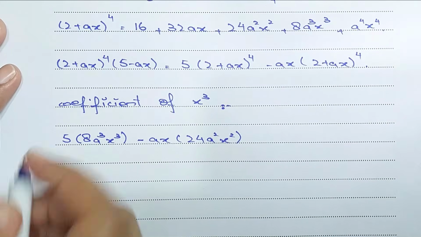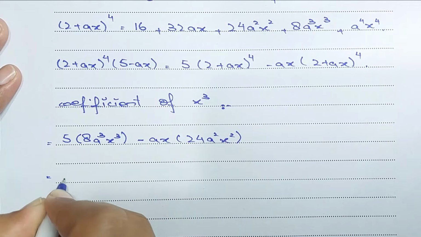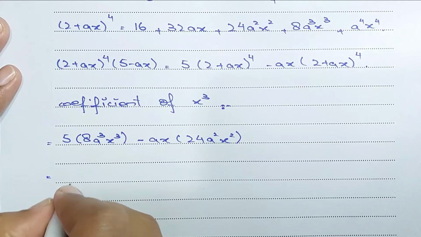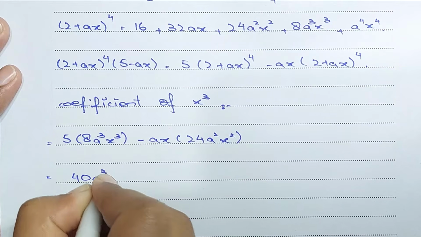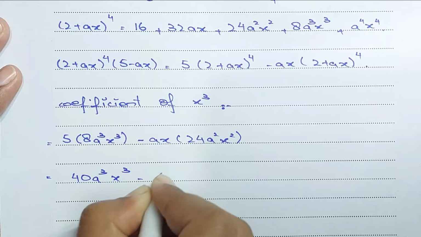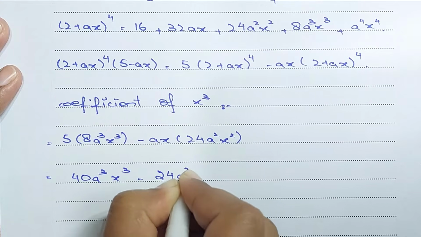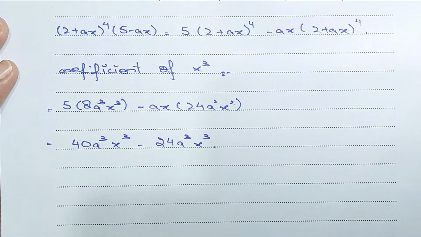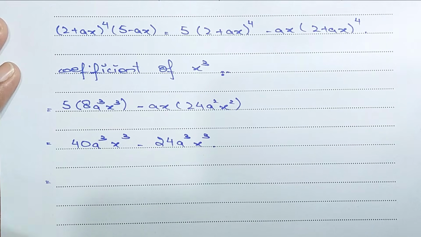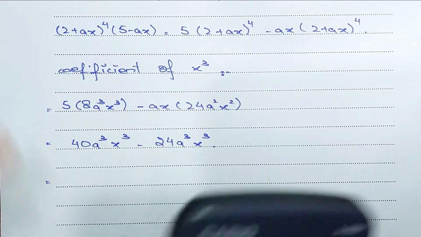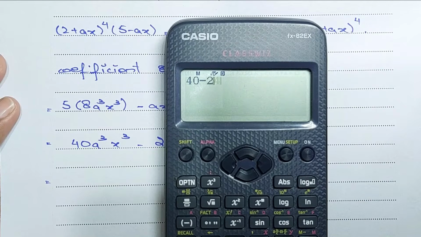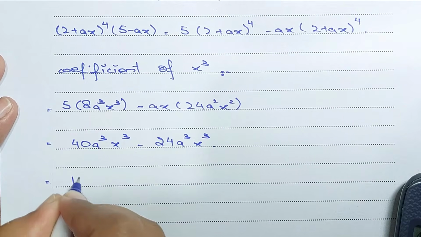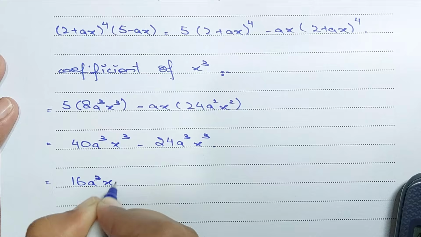So these are the two terms of x cube. 5 times 8 would be 40 a cube x cube, minus 24 a cube x cube, right? Now 40 minus 24 is 16, so 16 a cube x cube.